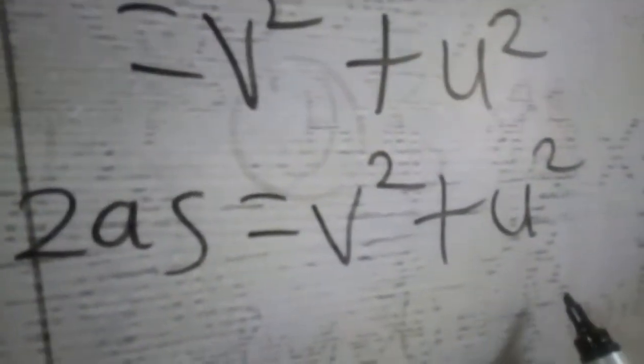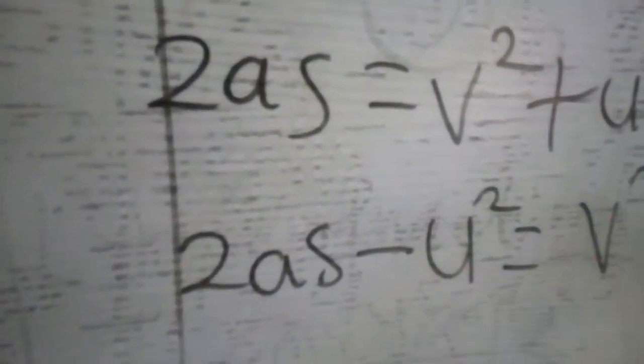Now you can get it. So we have 2as that we started with. 2as equals v squared plus u squared. Then if you take this u squared to the other side, it's positive, so it's going to change to negative. So 2as minus u squared equals v squared.